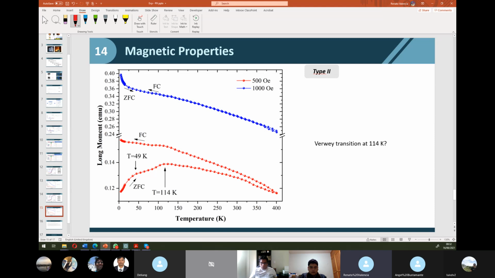About the magnetic properties, long moment versus temperature in type 2, the same at 500 Oersted and 1000 Oersted. At 500 Oersted, we have in the zero field curve two transitions, around 49 Kelvin and 114 Kelvin.